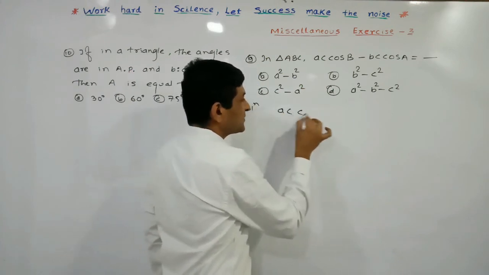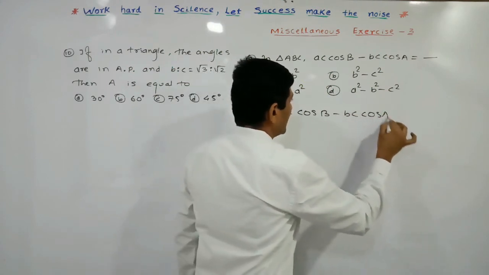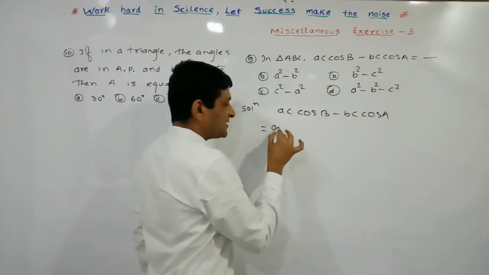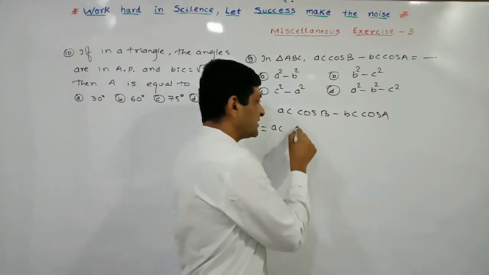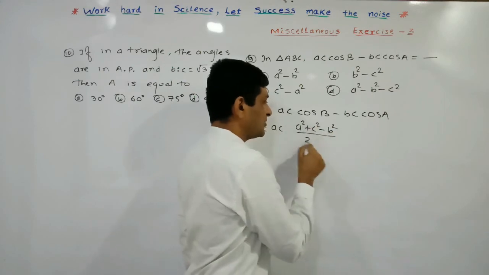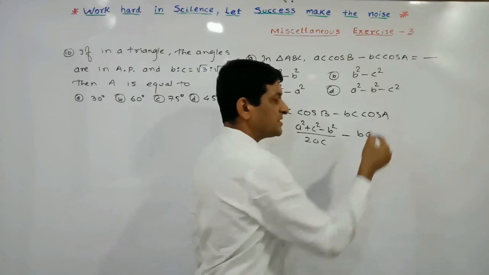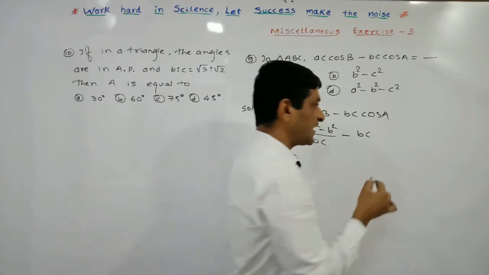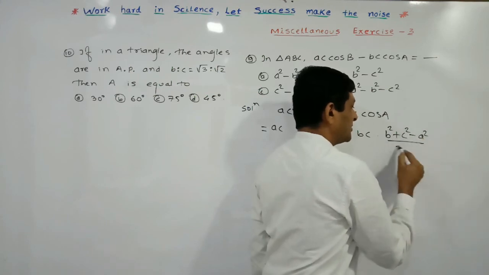AC cos B minus BC cos A. Keep AC as it is. We are replacing cos B by its value. According to the cosine rule, its value is a square plus c square minus b square upon 2ac. Minus BC, keep it as it is. What is the value of cos A according to the cosine rule? b square plus c square minus a square upon 2bc.